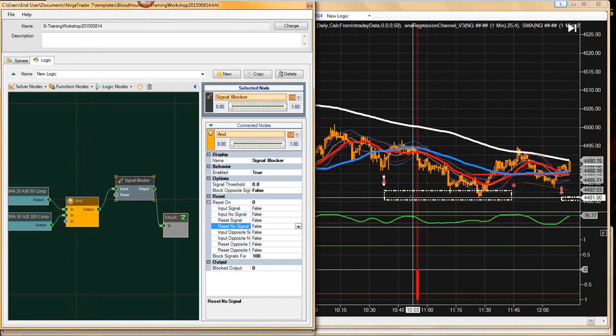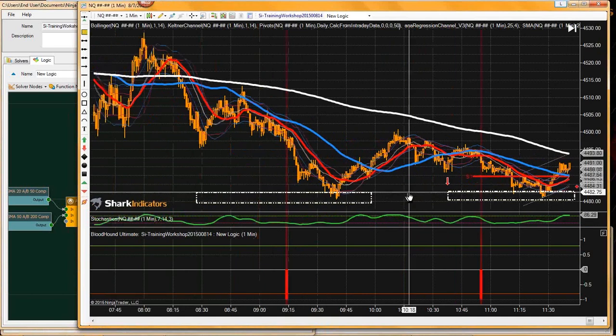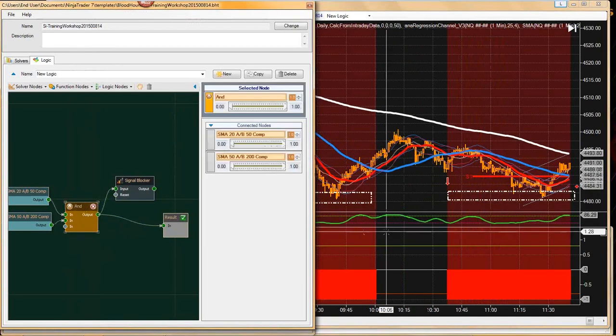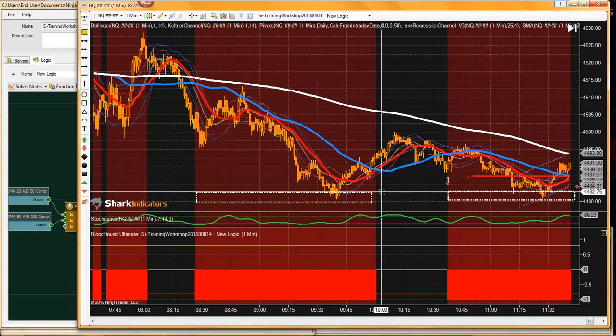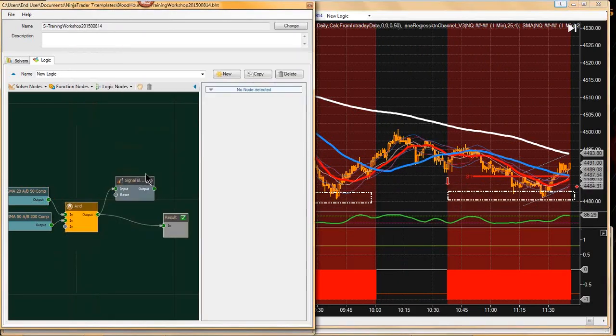In other words, you can reset the blocking. So right now it's resetting every 100 bars, but we want some other conditions to reset it. So if we take a look at the AND node, let's reset it when there's no signal. These blank areas where there's no signal, let's use that to reset the signal blocker.